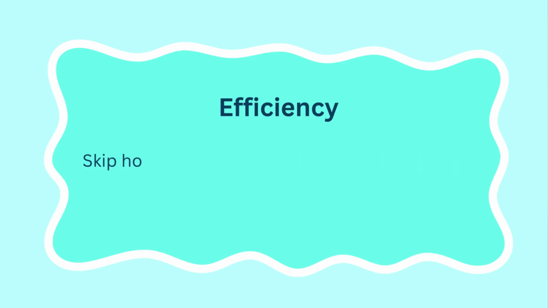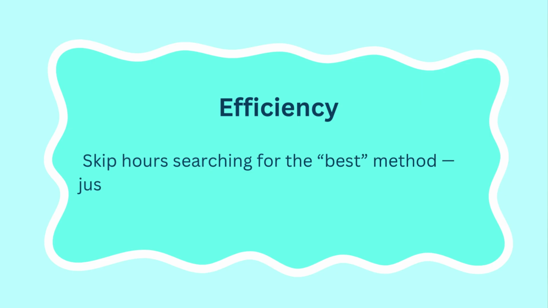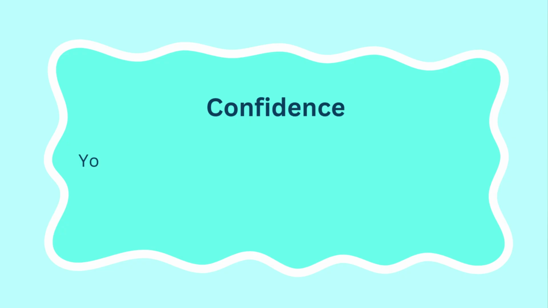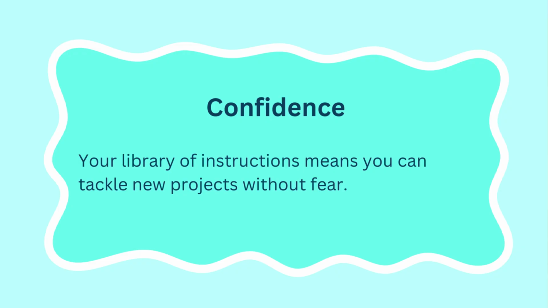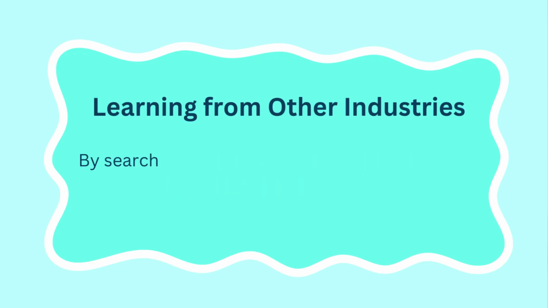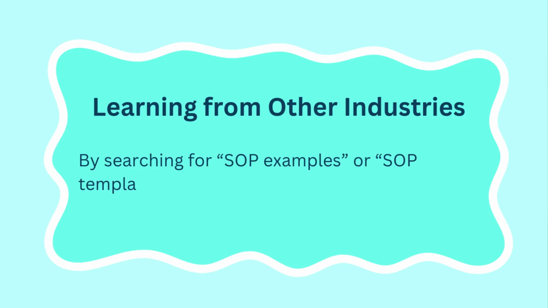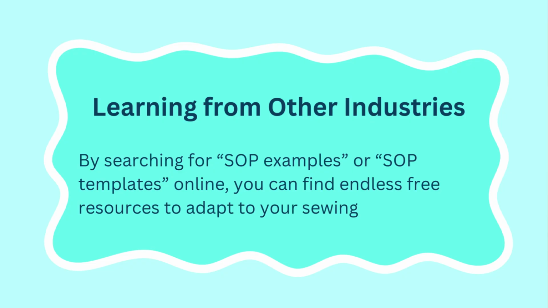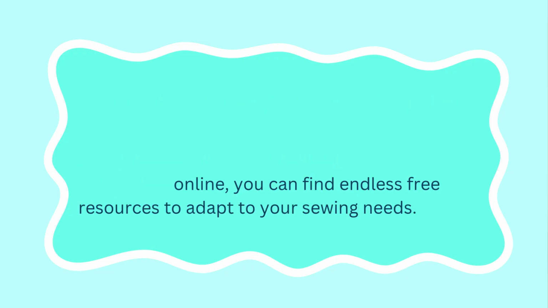Efficiency. Skip hours searching for the best method. Just follow the tested steps. Confidence. Your library of instructions means you can tackle new projects without fear. Learning from other industries. By searching for SOP examples or SOP templates online, you can find endless free resources to adapt to your sewing needs.